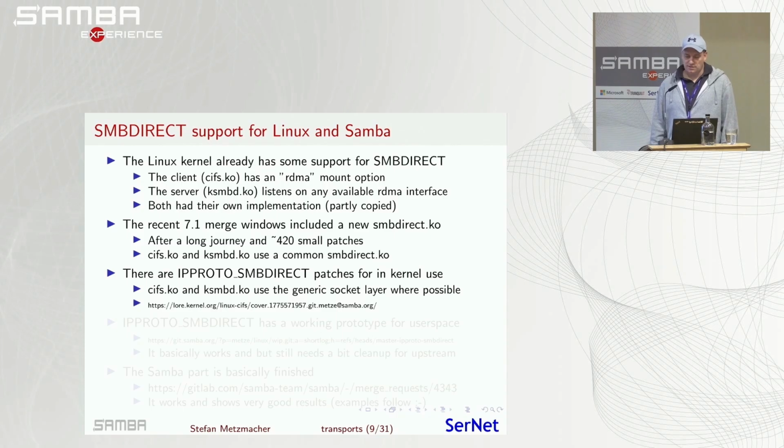And from there I have patches to implement an IPPROTO_SMBDIRECT for use in cifs.ko and ksmbd, so that they can just use the generic socket layer and don't have special cases for TCP and SMB-Direct, and later also for QUIC.